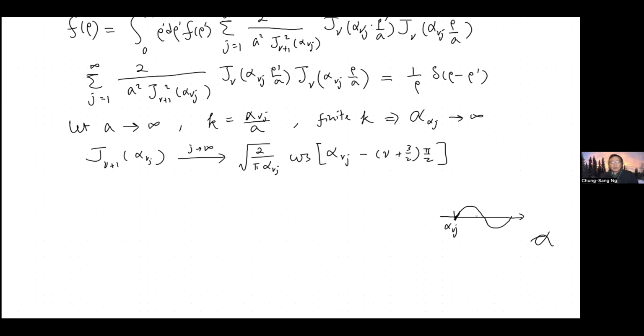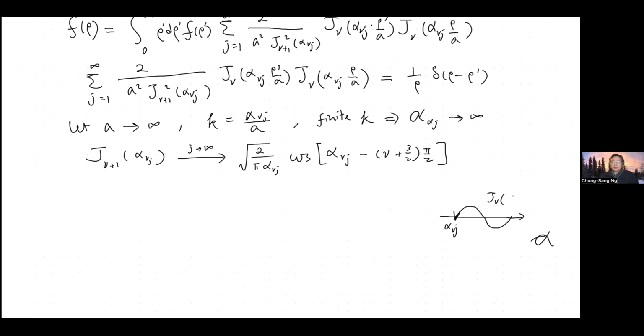And then J sub nu is actually shifted by pi over 2. So if this is 0 for J sub nu, this function is J sub nu alpha.